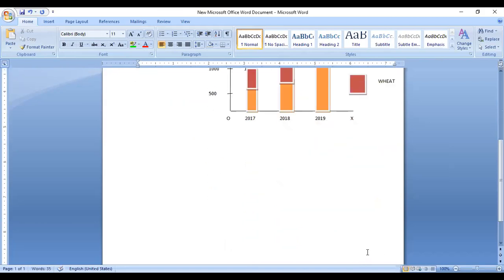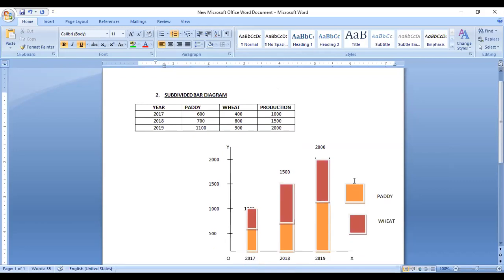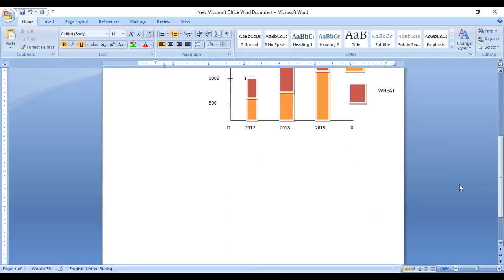So like this, you can see the difference between simple bar diagram and subdivided bar diagram. In simple bar diagram there are no separate divisions, whereas in subdivided bar diagram you have divisions. The main bar will be divided into various divisions. Okay, that is subdivided bar diagram.